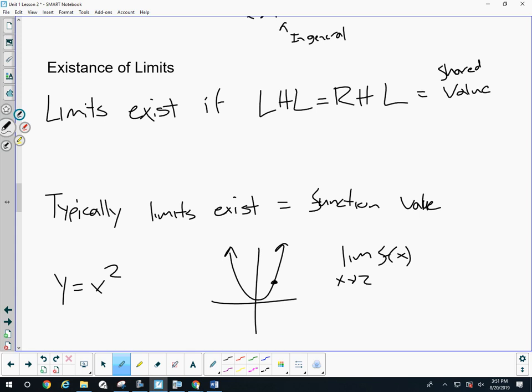If I plugged in 1.99999 and squared it, I'm going to get a value very, very close to 4. If I plug in 2.0001 and square it, I'm going to get a value very, very close to 4. So this limit equals the function value, and this is the case for almost all situations of all graphs at all locations.